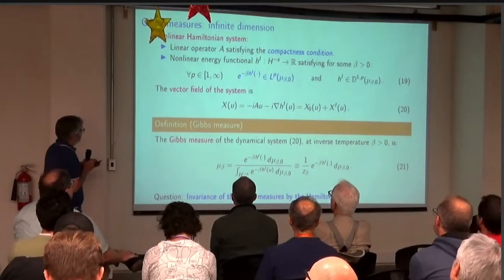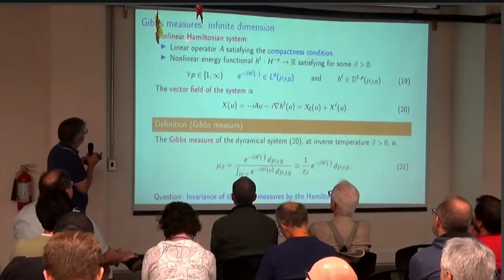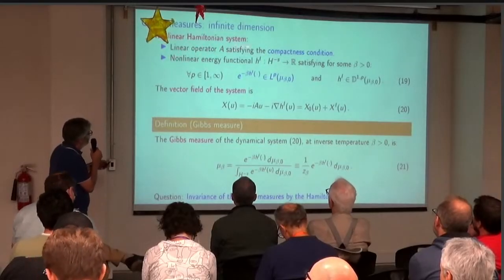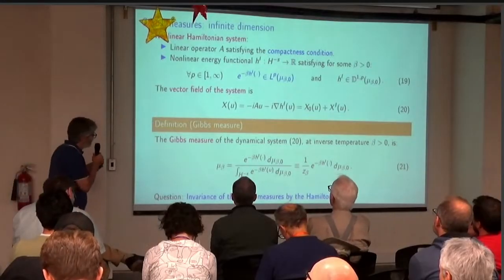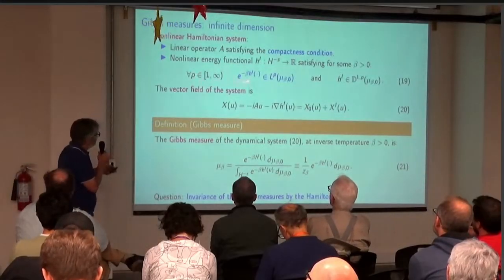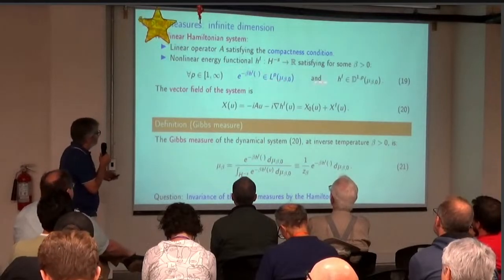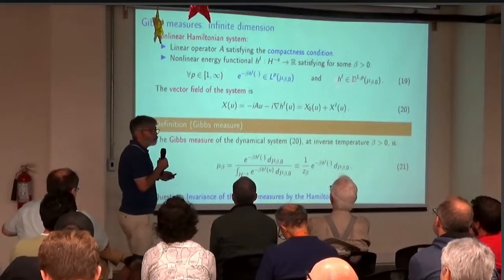So what are now Gibbs measures for us in infinite dimension? I just recall the setting a little bit. You have the linear operator with the compactness condition, or the condition on s and the eigenvalues. You take something that is integrable with respect to the Gaussian, and where H is differentiable in the sense of Malliavin calculus.